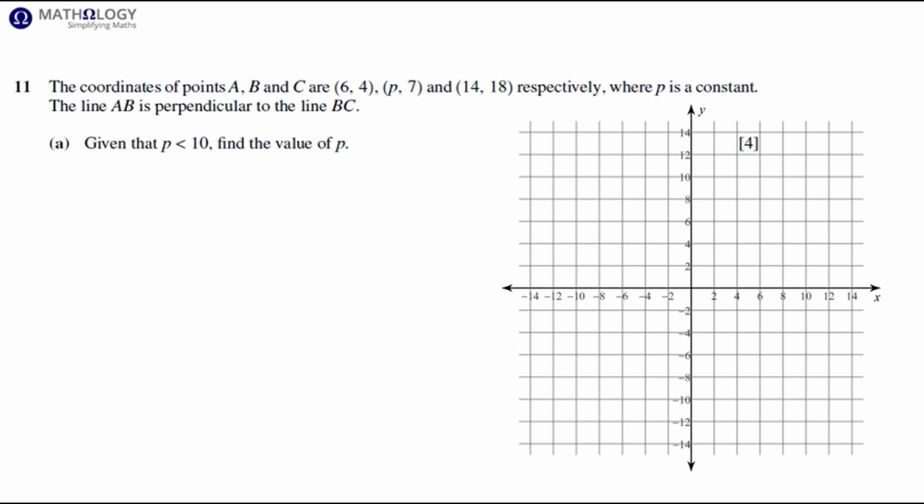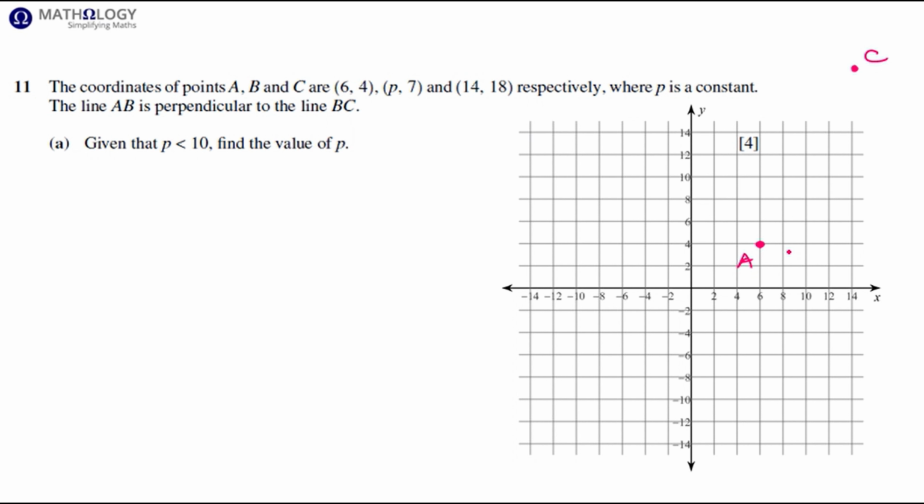So we are going to draw a rough sketch. A is the point (6, 4). We'll leave B alone for now because we don't know what P is. C is (14, 18). So we'll be somewhere there. So this is A, and that is C, right?